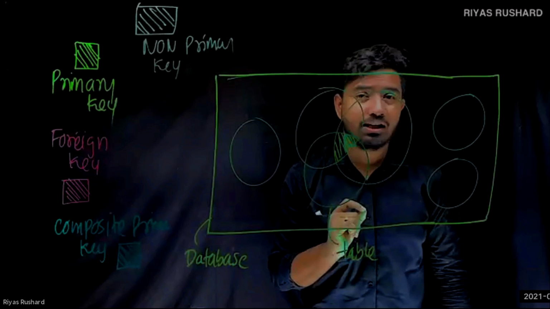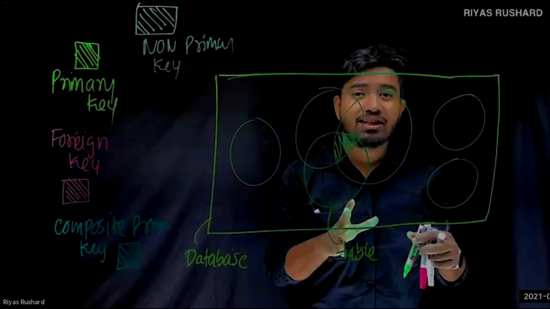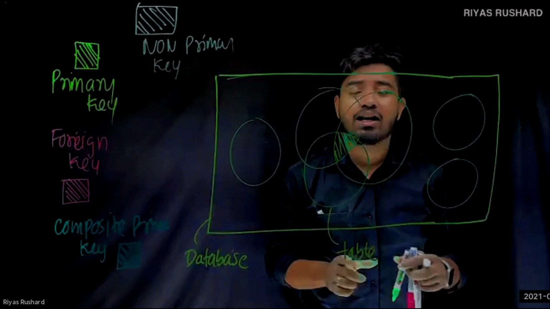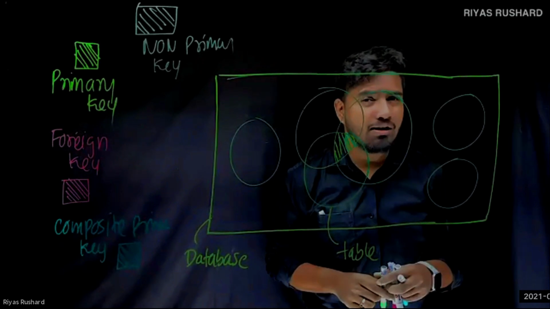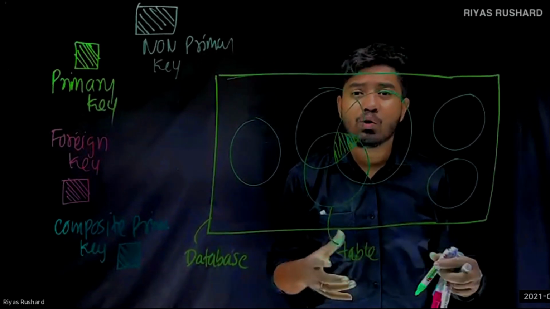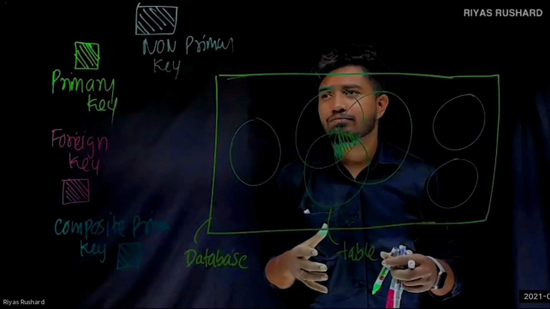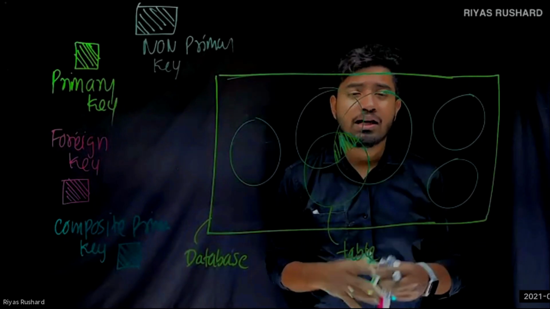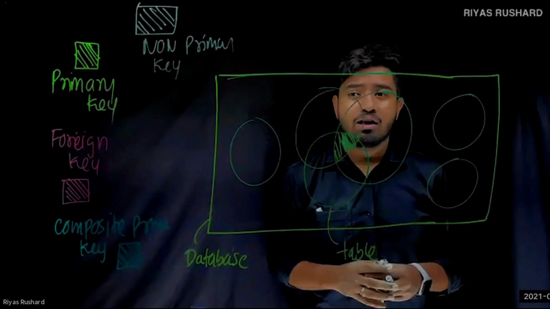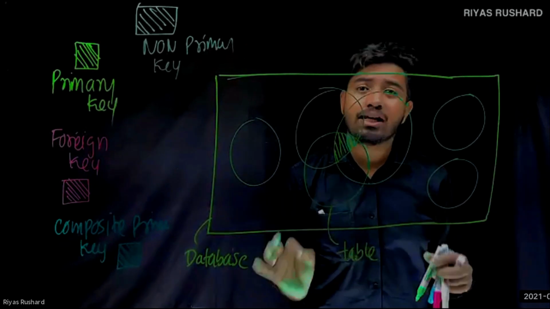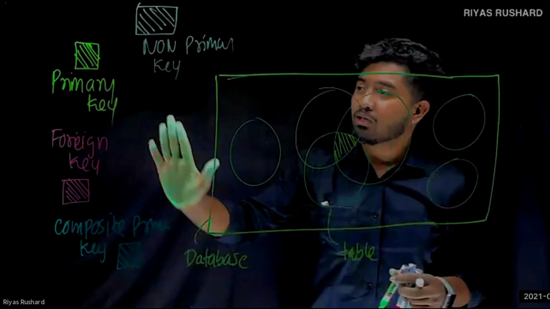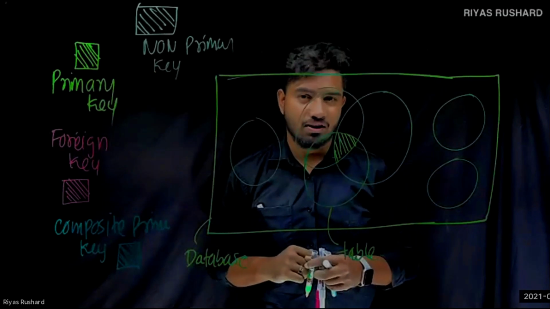A primary key is a column that can uniquely identify a record in a table. Examples are student ID, course ID, account number, NIC number, phone number. A primary key identifies uniquely, right?